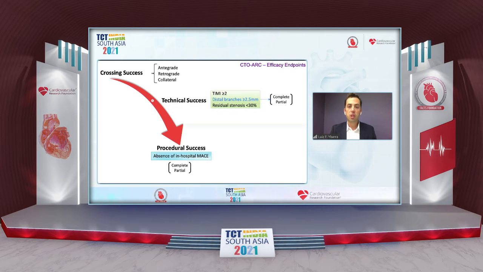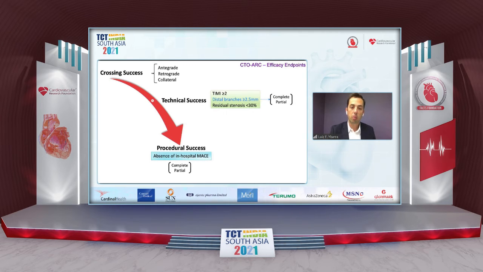We also need to achieve revascularization of all distal branches equal or greater than 2.5, and that's a complete technical success. If not all, then it's a partial technical success, and also residual stenosis less than 30%. And to achieve a procedural success, we'd have a technical success in the absence of in-hospital MACE, again, complete or partial, depending on the achievement of revascularization of distal branches.